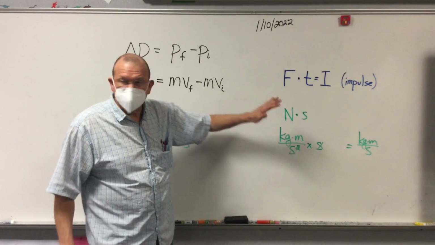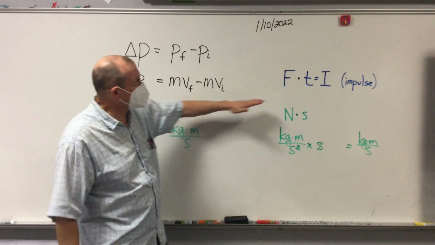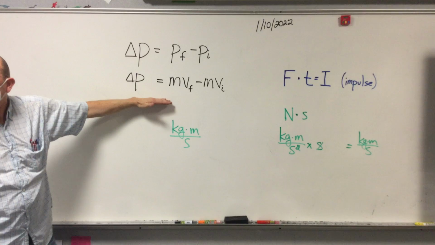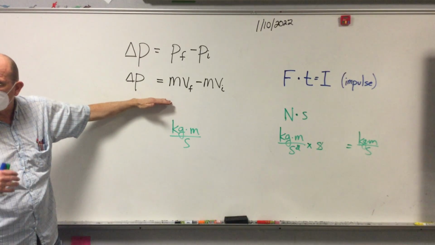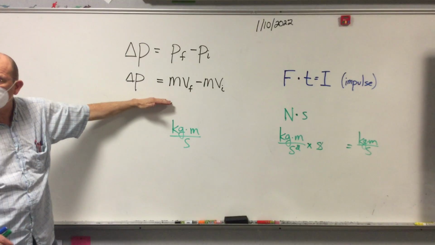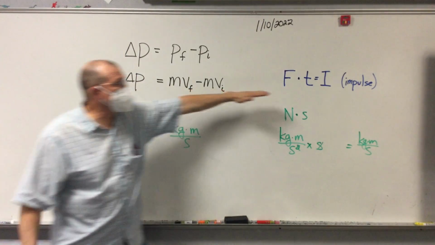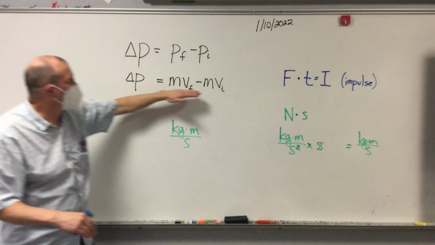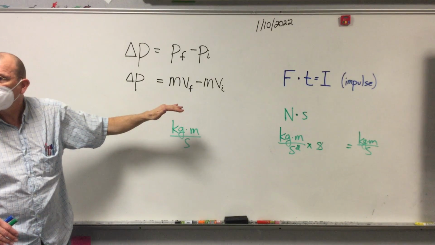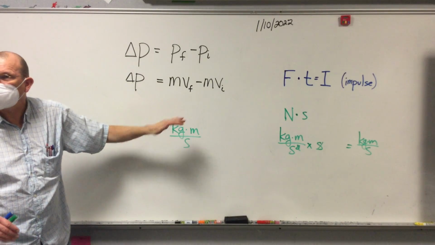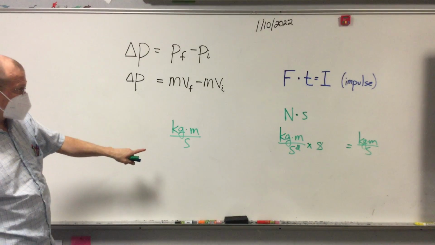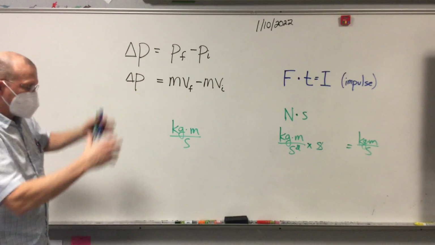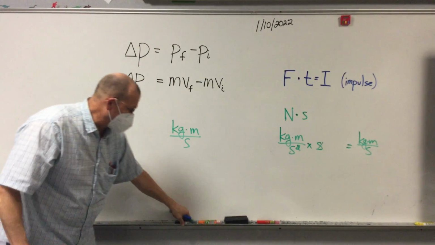So the concept we're going to link here is that this impulse is connected to this, because when I made the shopping cart go from rest to actual motion, the reason that happened is because I provided an impulse that became the momentum of the cart. Now I'm going to write this in underneath here. This is the big coming together of all of this.